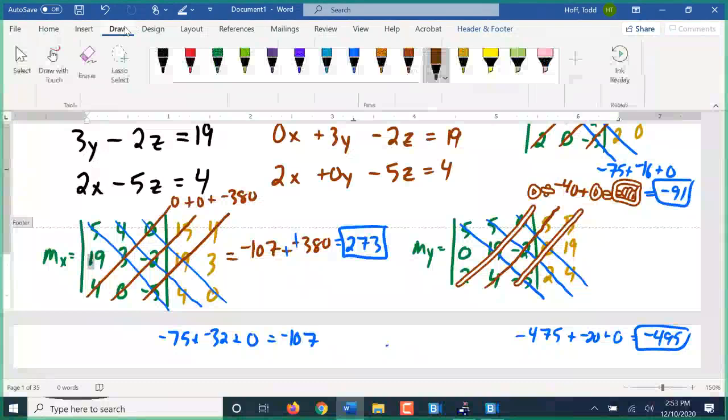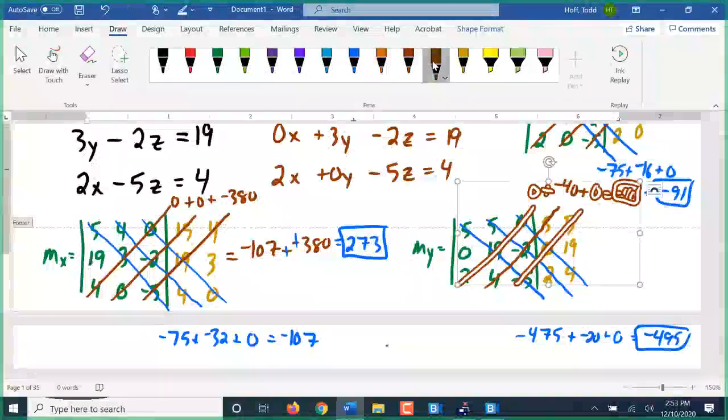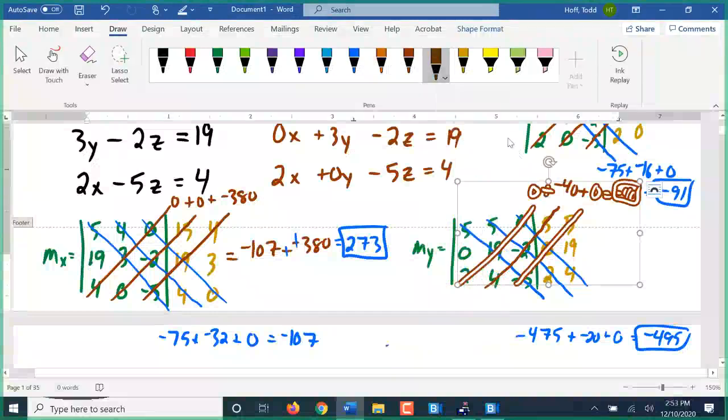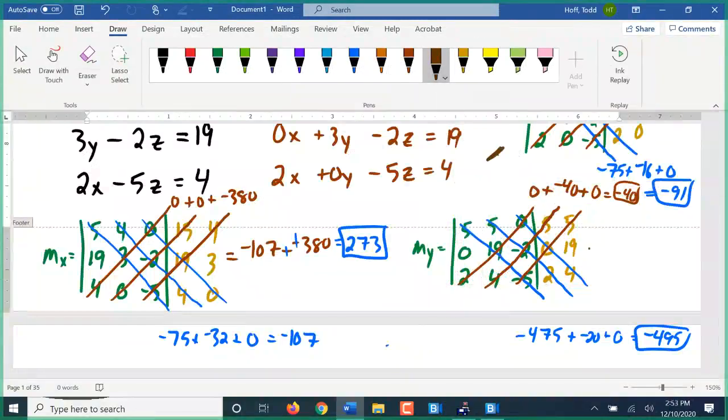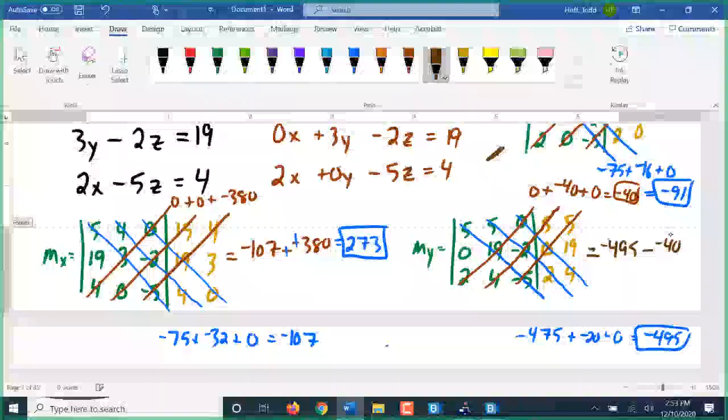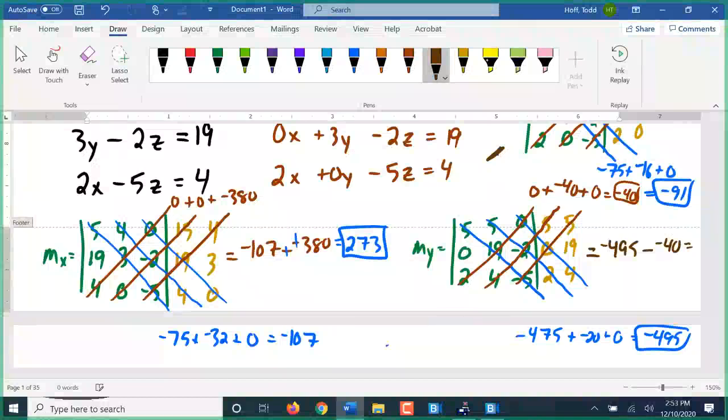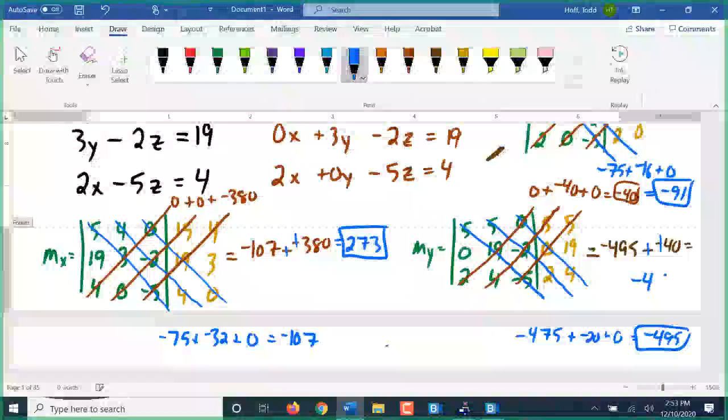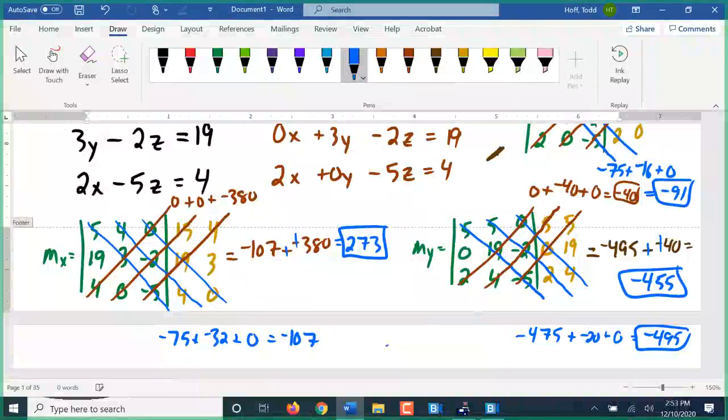I got stuck in footnotes. There we go. So that gives me negative 495 minus a negative 40. So again, that's plus a positive 40, which is a negative 455. Is that the determinant?